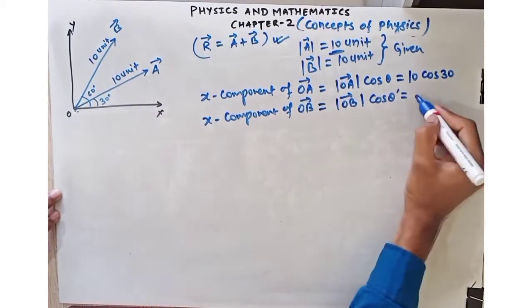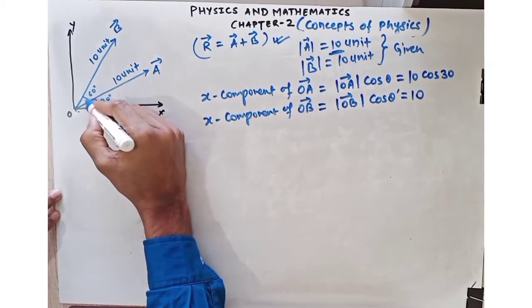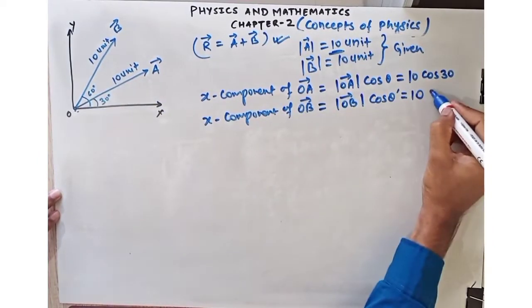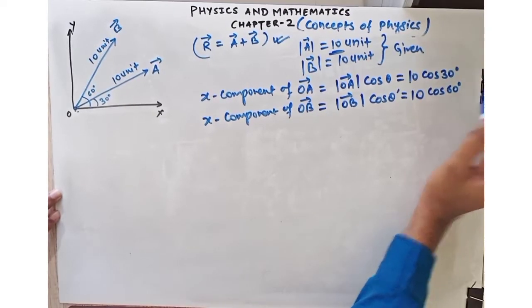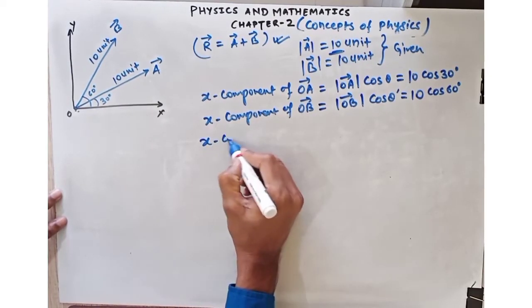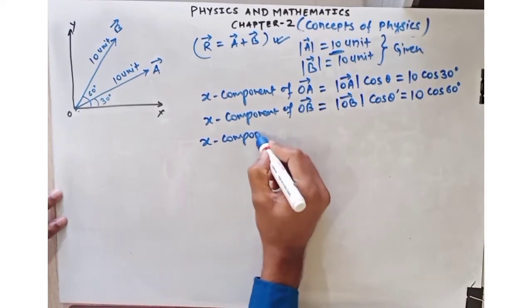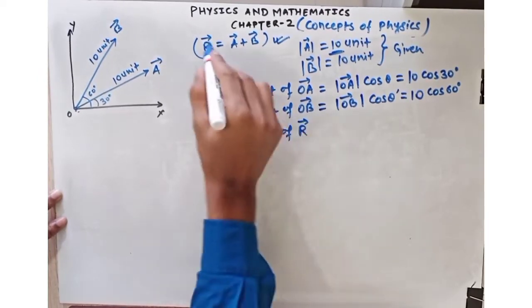It will be 10, and this vector B is making an angle of 60 degrees with the x-axis, so I need to put the value 10 cos 60 degrees.